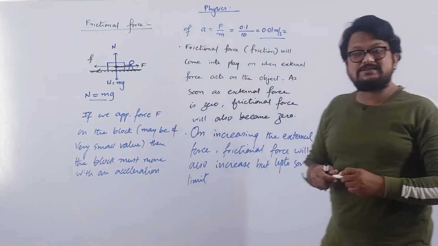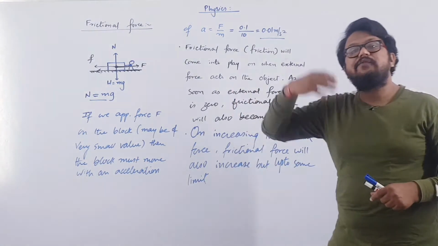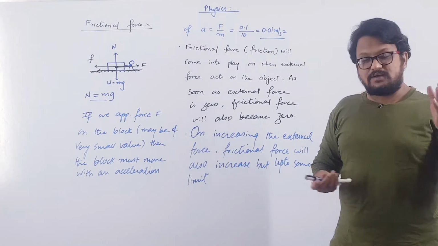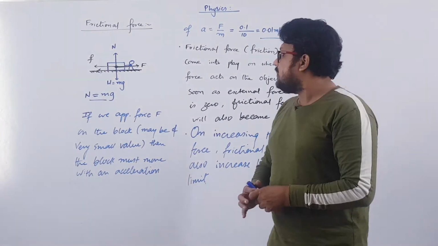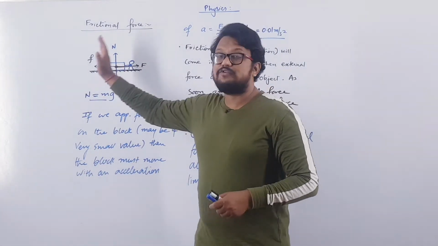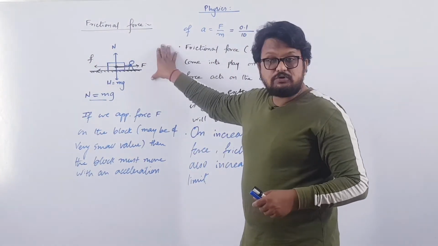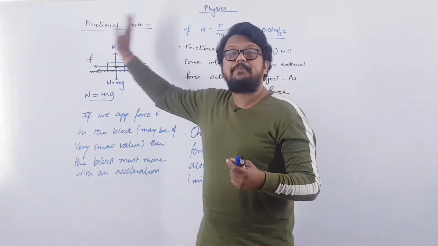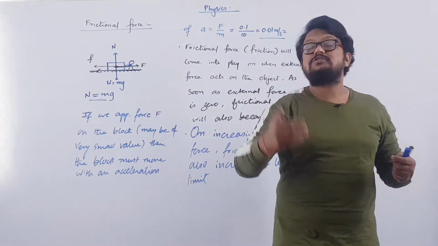So on applying external force, if you are increasing the force, still you will find that the object is at rest. It means that frictional force is also increasing, right? If it was 0.1, frictional force was 0.1. Now we are applying 1 Newton of force and still the object is at rest. It means that there must be an equal and opposite force, so frictional force has also increased.